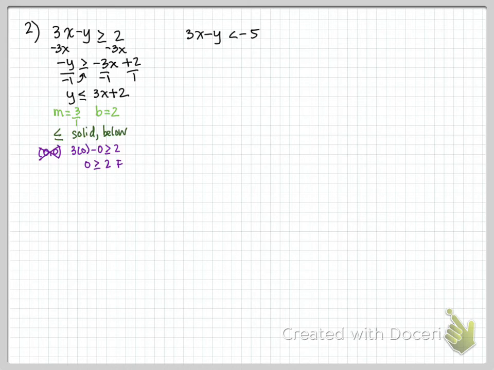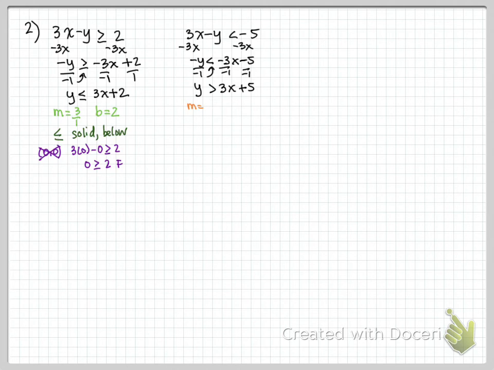Again, we have to solve. So we start by subtracting 3x from both sides. We get negative y is less than negative 3x minus 5. Divide everything by negative 1, flipping the inequality again to greater than, and we get 3x plus 5.